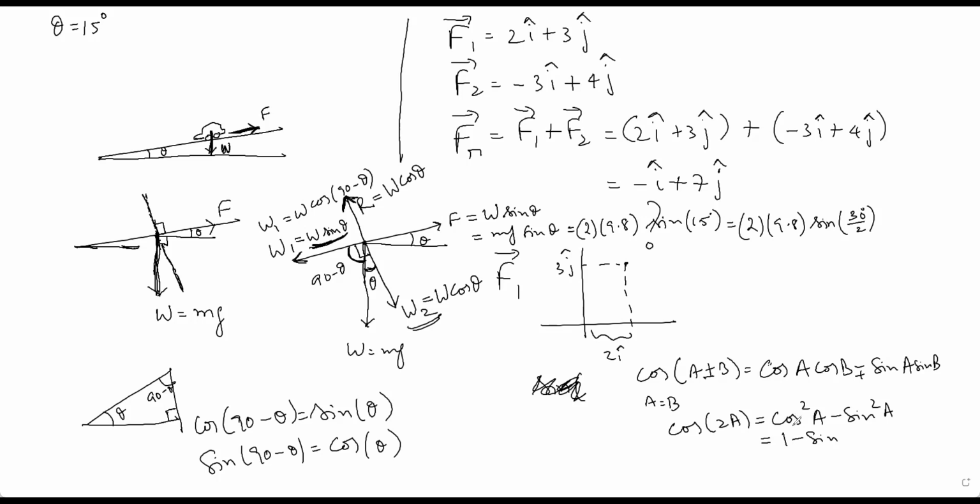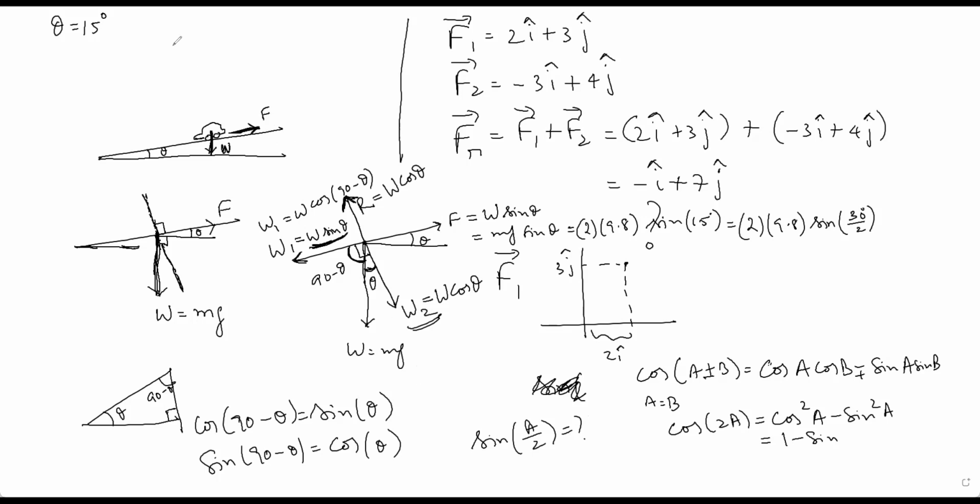Tell me, you asked for sine A by 2, right? From where does it come? How do we get the half angle? I'm not sure. That's the question, and that is what I want to go to.